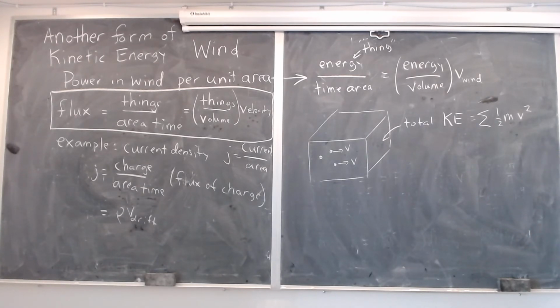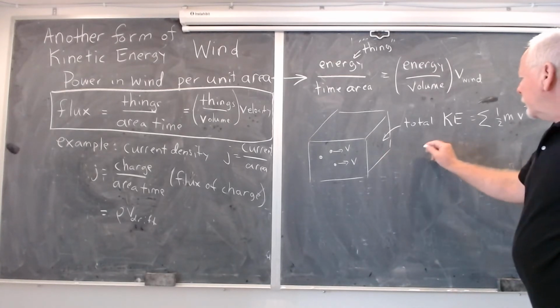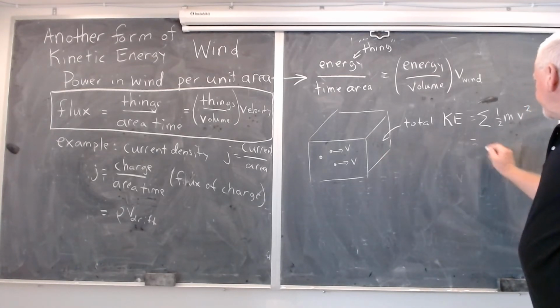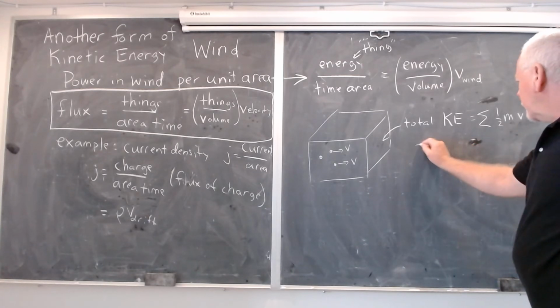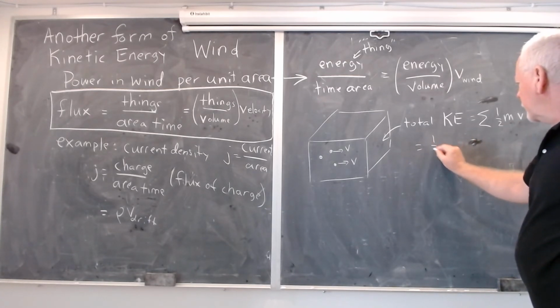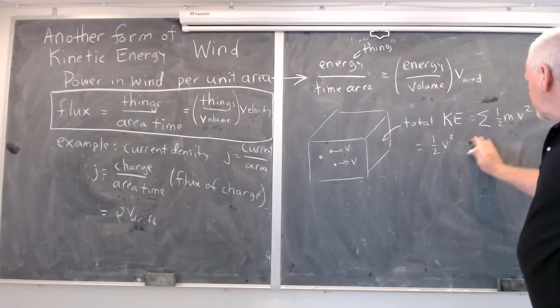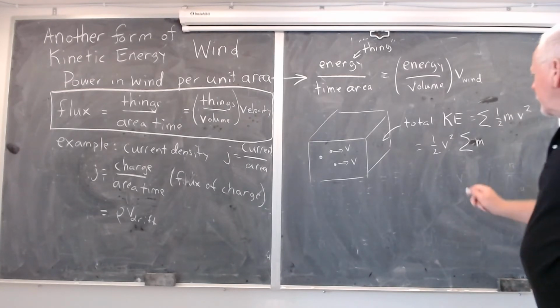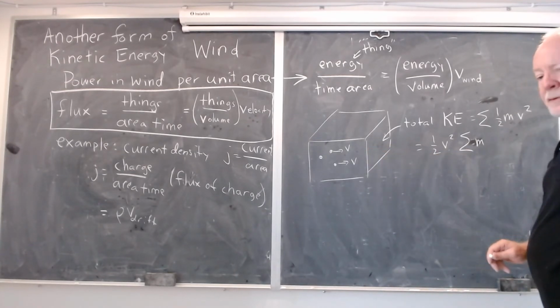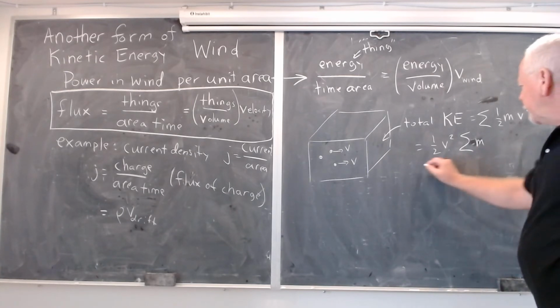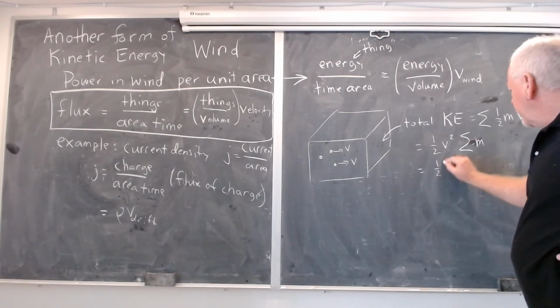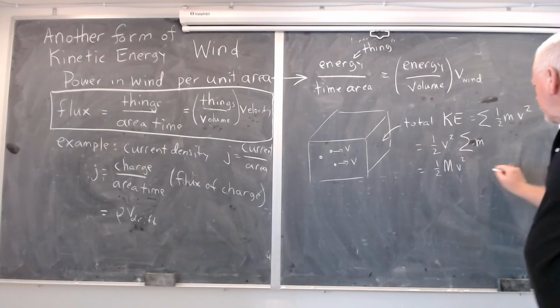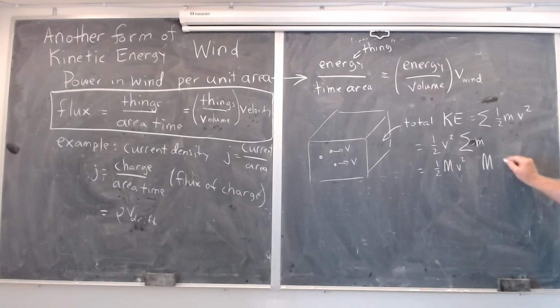Because of that, we can then bring out the v squared, and so the total kinetic energy of all the air molecules in that box is equal to 1/2 capital M v squared, where M is the total mass of all the air molecules.